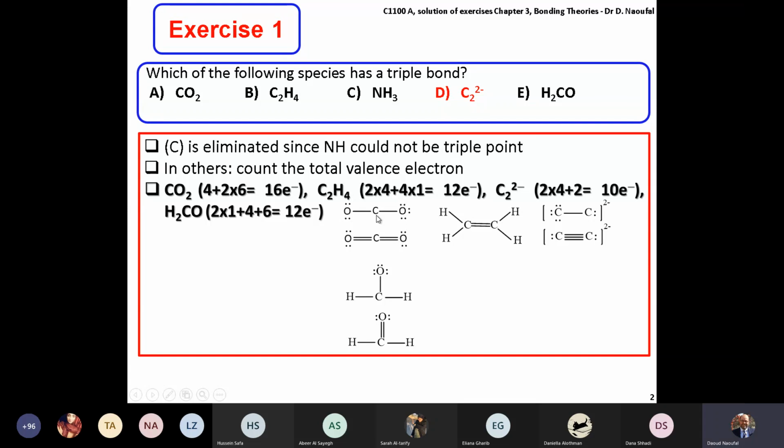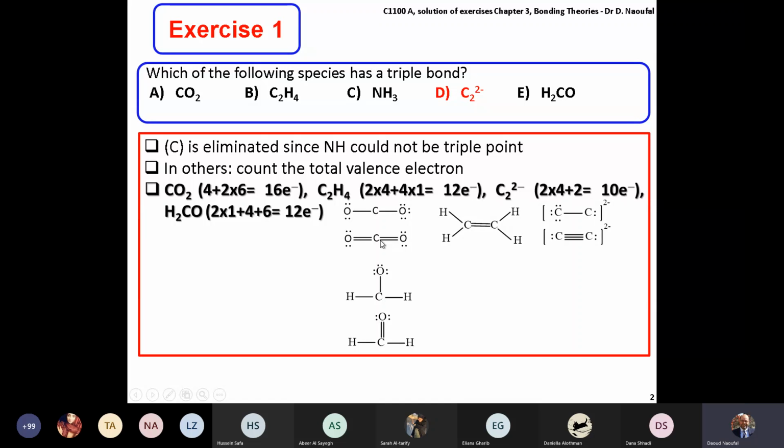And we will find that the carbon does not have a completely filled octet. So what we do, we transform a lone pair from one oxygen and another lone pair from the other oxygen, or we transform 2 lone pairs from the first oxygen. So we obtain the structure. This is CO2.